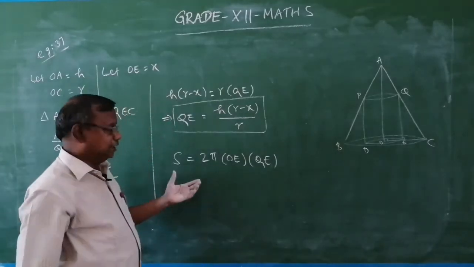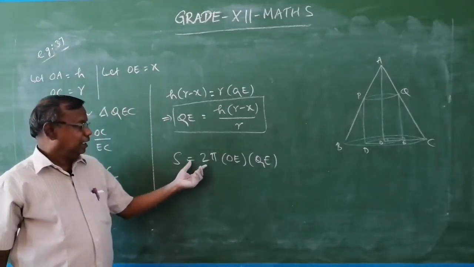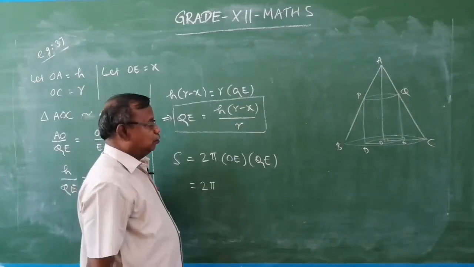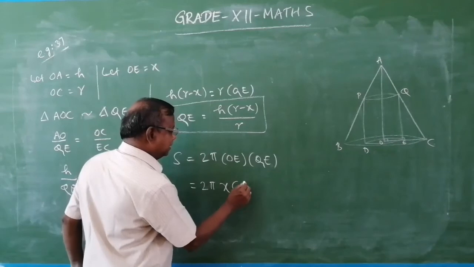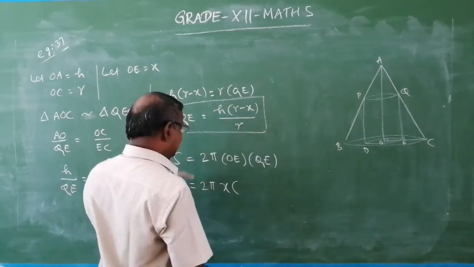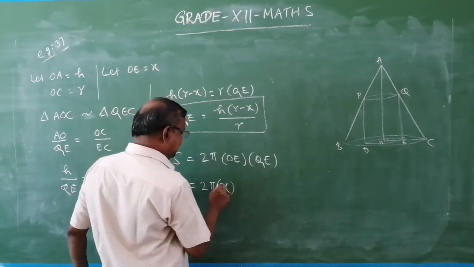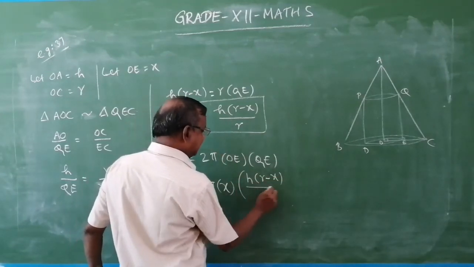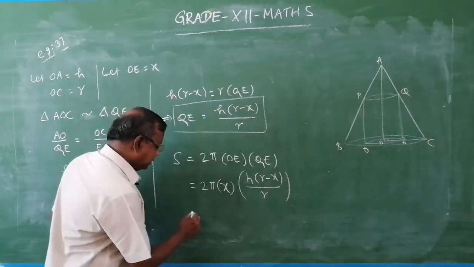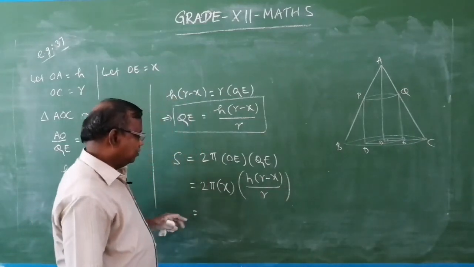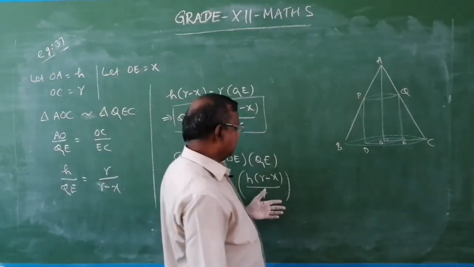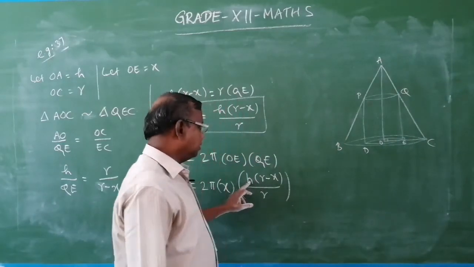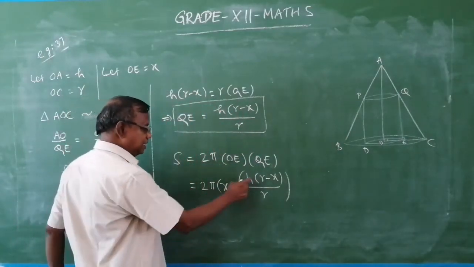So, the curved surface area of the cylinder is 2 pi rh, which is equal to 2 pi into OE means x, into QE, which we have already found, that is H into (R minus x) divided by R. Here x is the only function. H and R are already given. These are all the dimensions of the cone, so they are fixed. So R and H are taken as constants. The only variable is x.